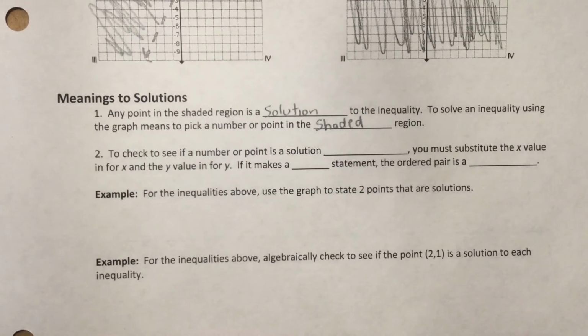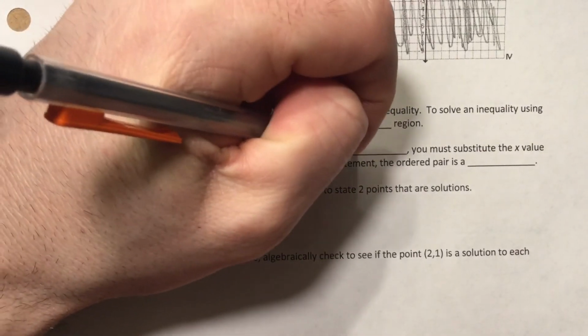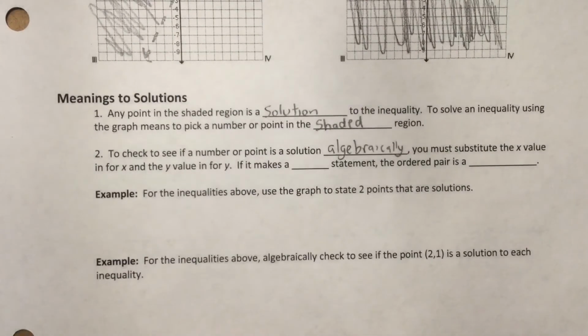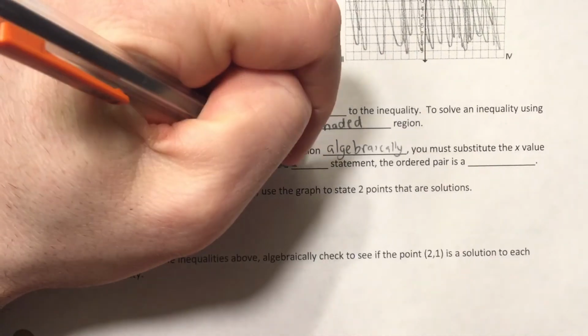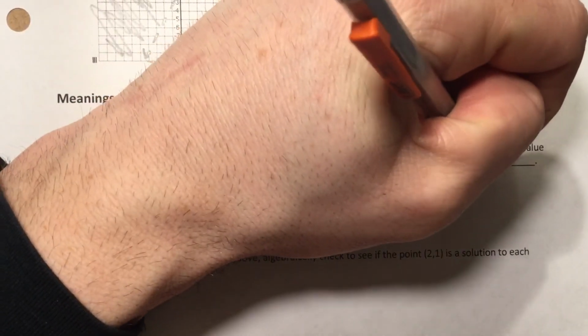To check if a number or point is a solution algebraically, you must substitute the x value in for x and the y value in for y. If it makes a true statement, the ordered pair is a solution.